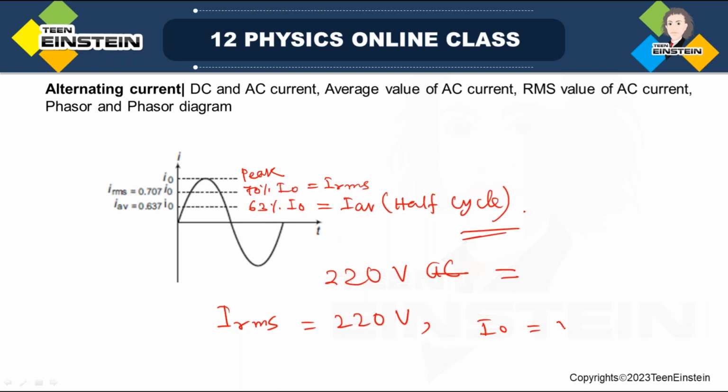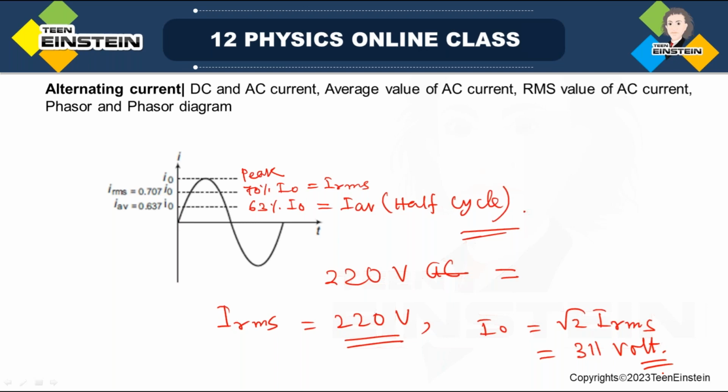So I0 is root 2 into IRMS. So the peak value of that AC voltage is nearly 311 volt.